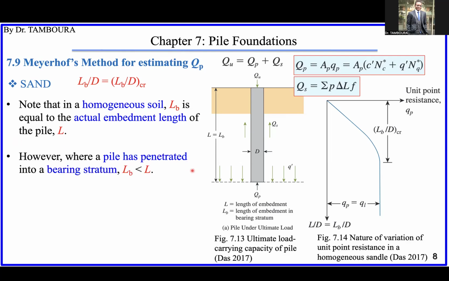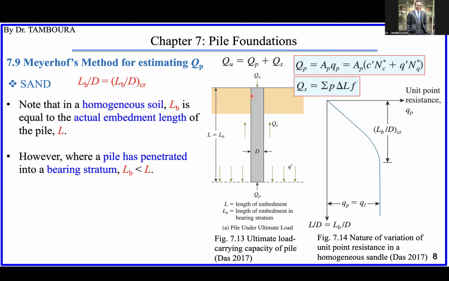If your pile is penetrating a hard bearing stratum, for example, say the bearing stratum is here, but the pile is only a little bit penetrating into this bearing stratum, then the LB will be less than the actual embedment L.